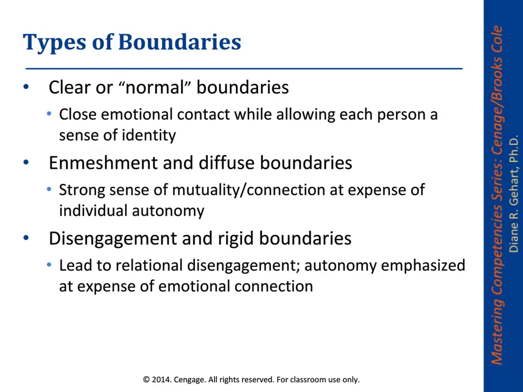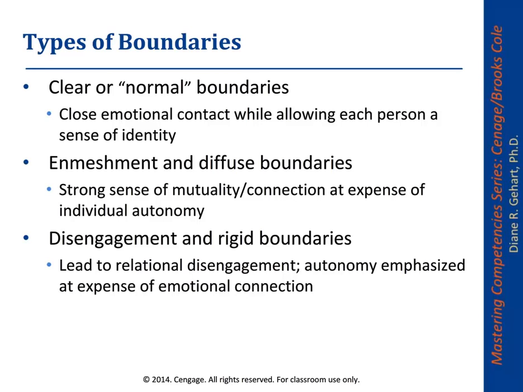So, types of boundaries. First, there are clear or quote-unquote normal boundaries. This is when there's close emotional contact that also allows each person to have a sense of identity. And of course, as the family moves through the family life cycle and their different developmental needs, healthy boundaries will look different across the life cycle. We'll talk more about that. They also look different across cultures.